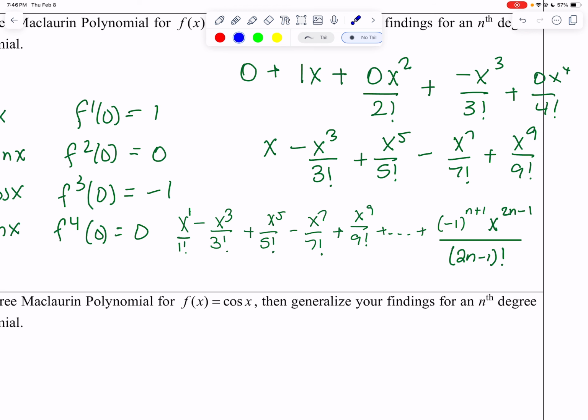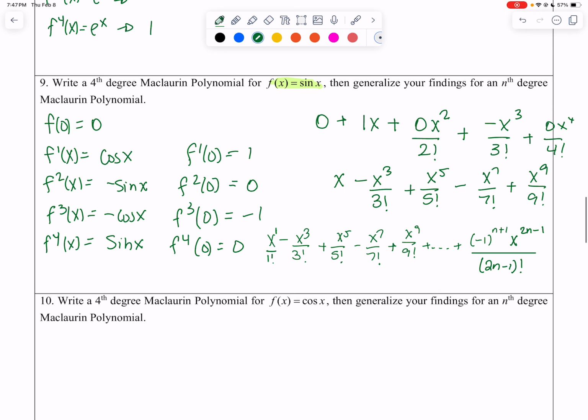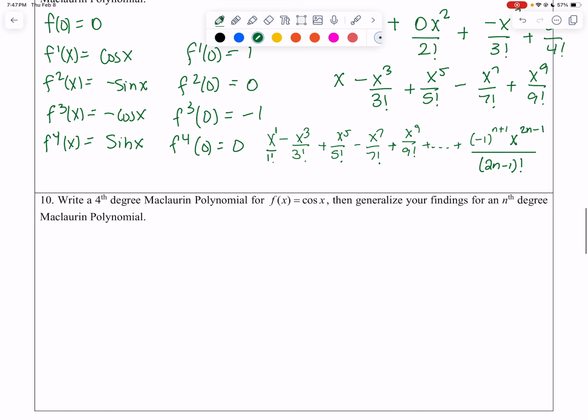In order to remember this, think about how sine is an odd function. So since sine is an odd function, we're going to have odd exponents. And thinking about cosine and how cosine is an even function, we might be seeing even exponents for cosine. Let's see if that's true.